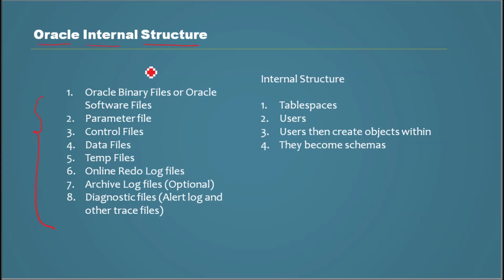The physical structure means how the operating system sees Oracle. For the operating system, it's just these files: Oracle installation files, parameter file, control files, data files, temp files, online log files, archive log files, diagnostic files.